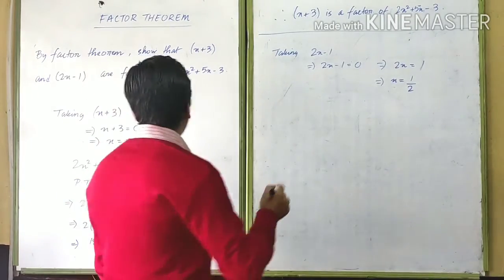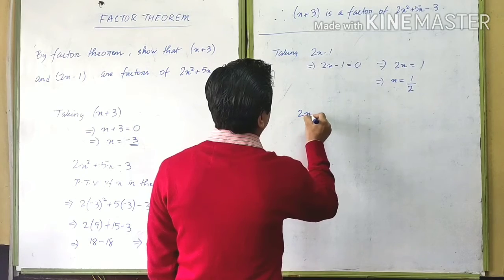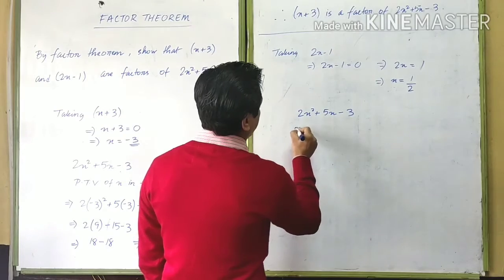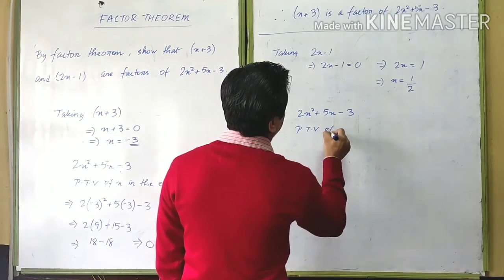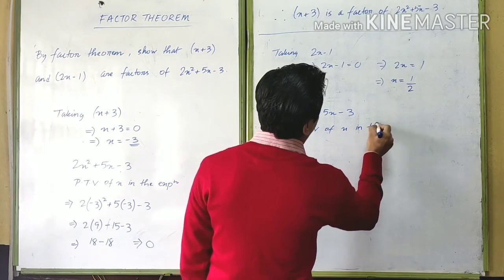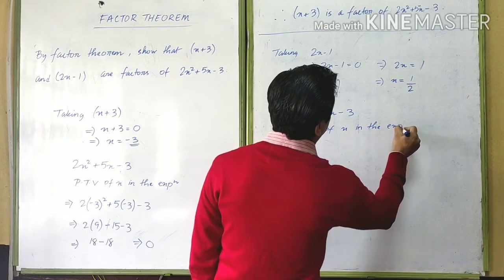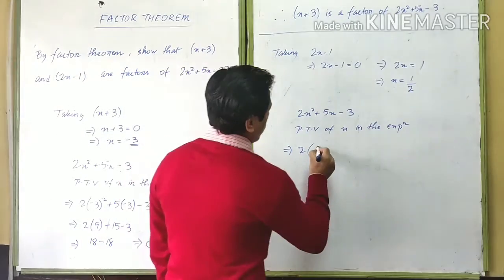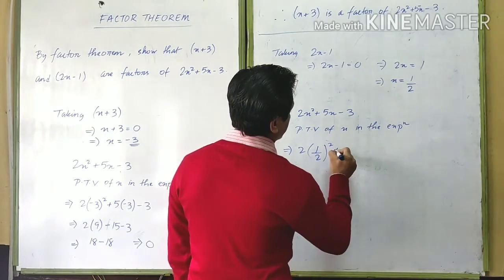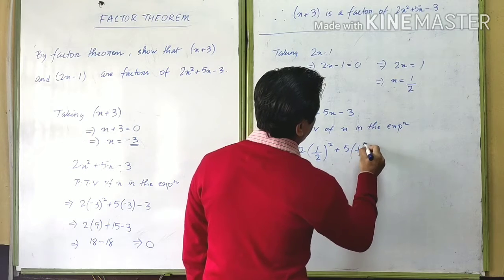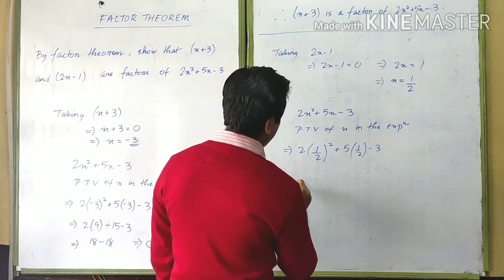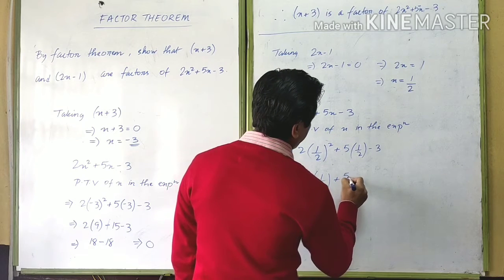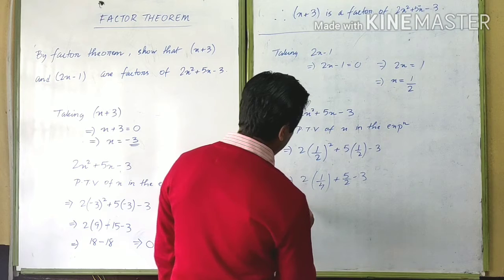Now similarly we are going to copy the expression 2x square plus 5x minus 3, and put the value of x in the expression. 2 into 1 by 2 whole square plus 5 into 1 by 2 minus 3. 2 into 1 by 4 plus 5 by 2 minus 3.